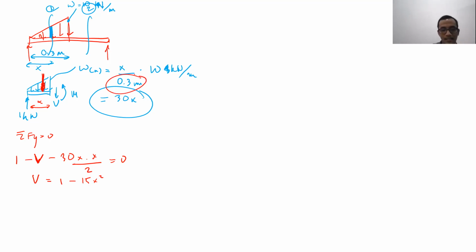Because I want to find out the equation, right? What is the value of W at x? The value of W that I know is the value of W at 0.3 meters. How can we find the value of W at x by using the value of W at 0.3 meters if we know that the distribution is linear?